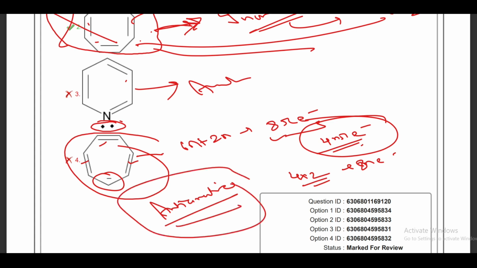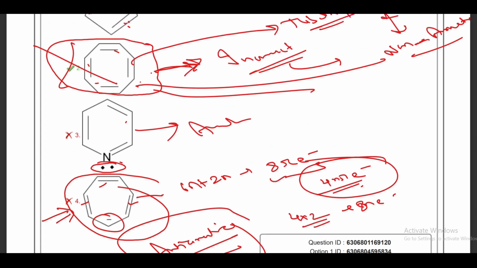Clear? So the fourth option is your correct answer in this question, and they are providing the second option as the answer, that is incorrect. So D option, the fourth, is your correct answer in this question.